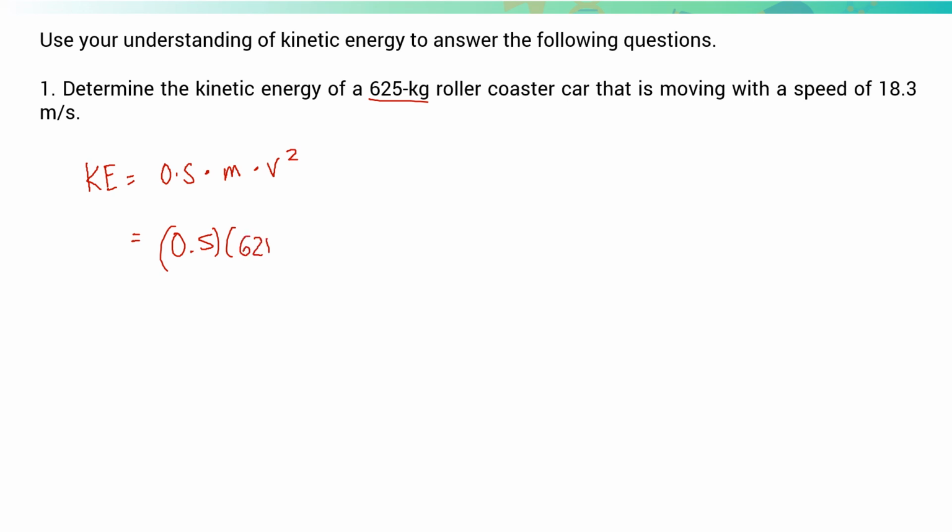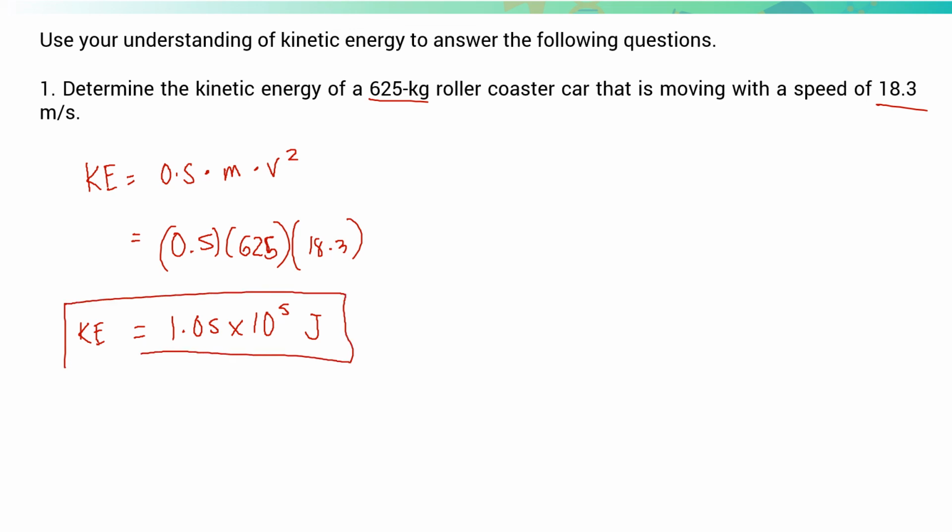Remember that the unit should be in kilograms. I won't write the unit symbols, to make this cleaner. And the velocity, or the speed rather, since this is a scalar, is 18.3. Plug that in your calculator. Your answer should be kinetic energy is equal to 1.05 times 10 to the 5 joules. So again, the unit is in joules. That's how simple it is.